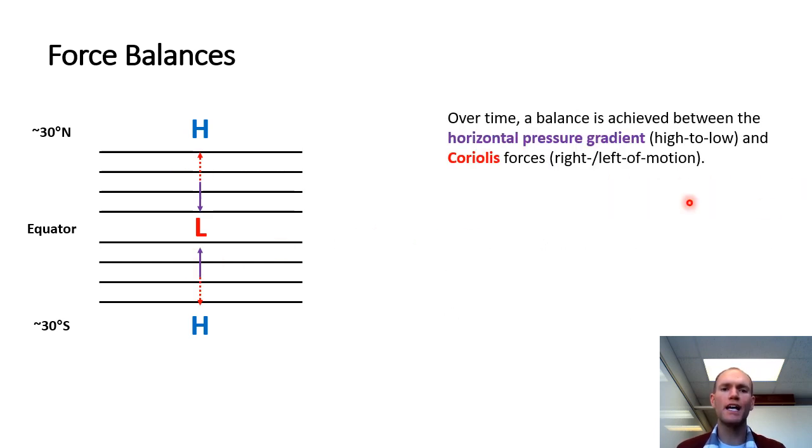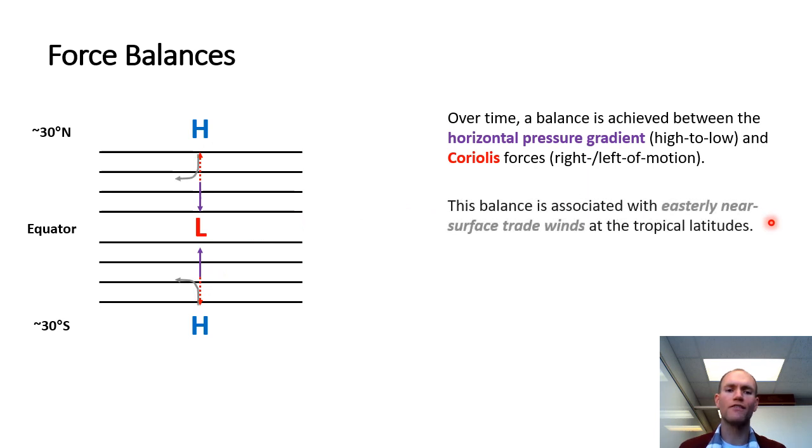Now as we go forward in time, we get a balance achieved between the horizontal pressure gradient force, depicted here by the purple, from high toward low, and the Coriolis forces, which are to the right of motion in the northern hemisphere and to the left of motion in the southern hemisphere. So consequently, that gives us a wind that deflects toward the west, from east to west in both hemispheres.